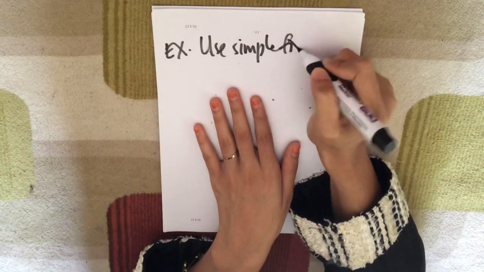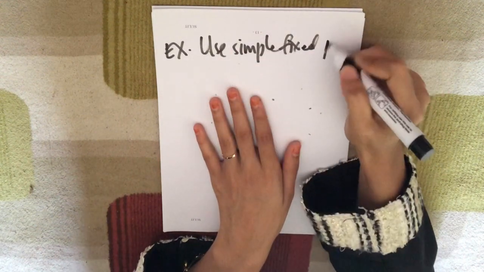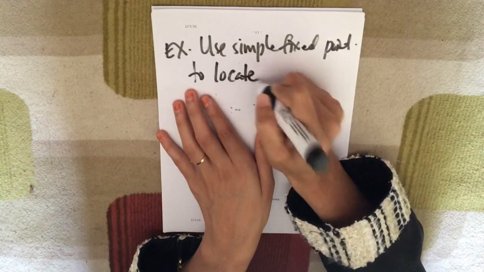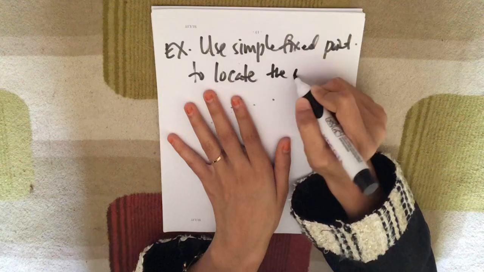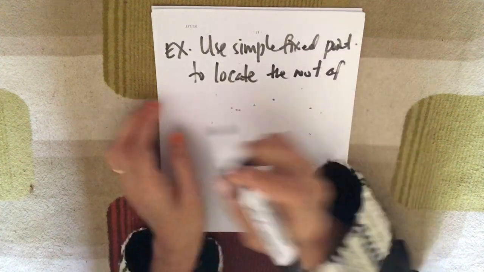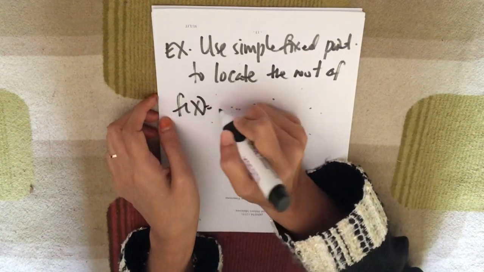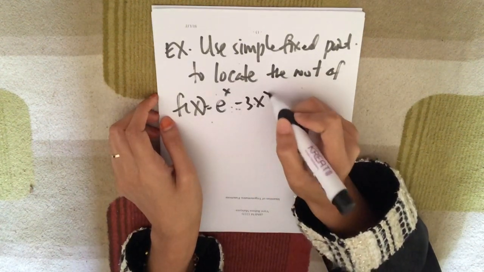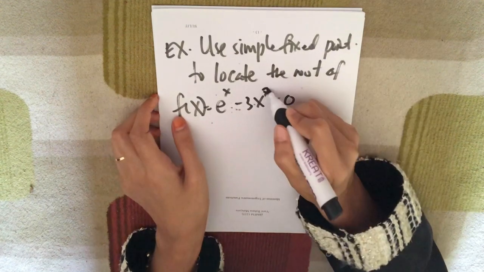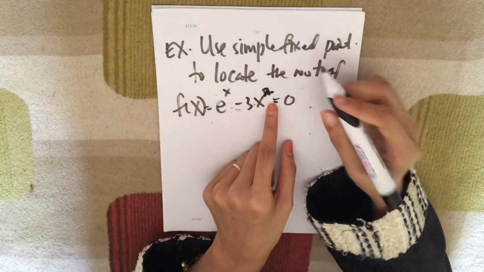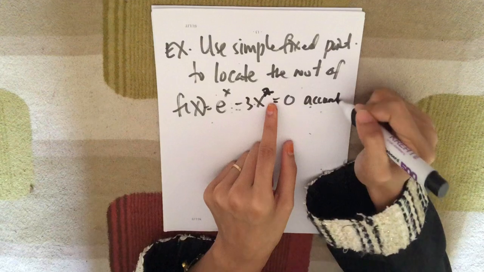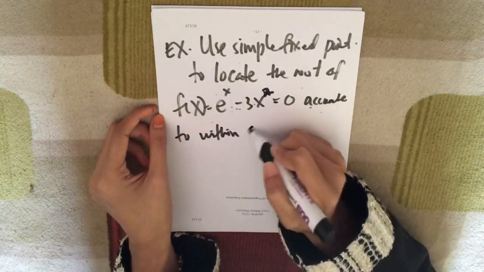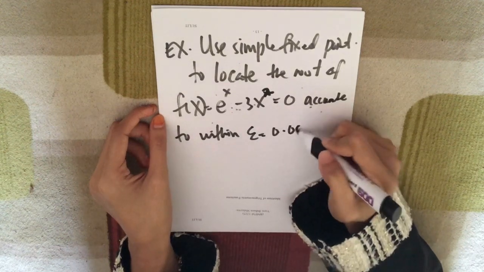Example: use simple fixed point to locate the root of f(x) equal to e^x minus 3x squared equals 0, accurate to within error 0.0001.